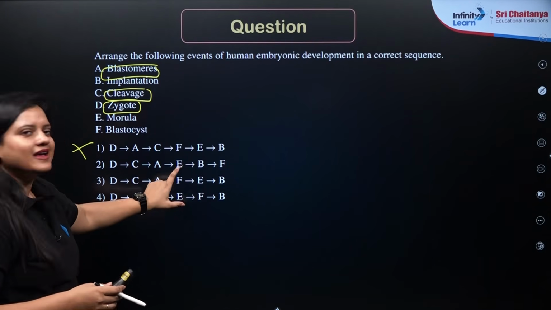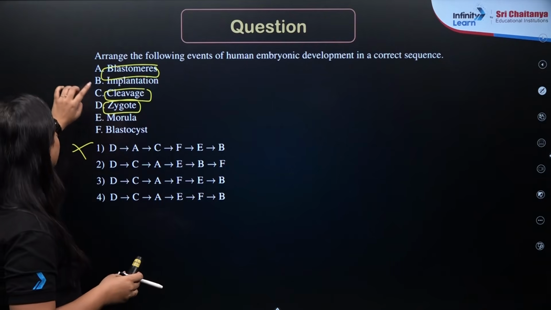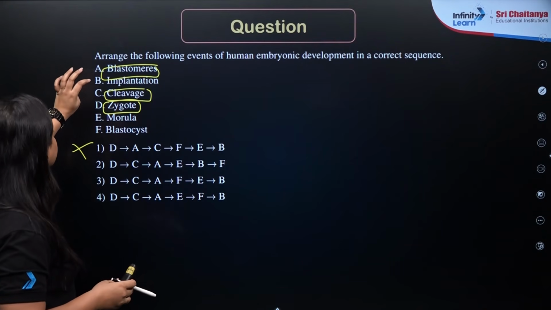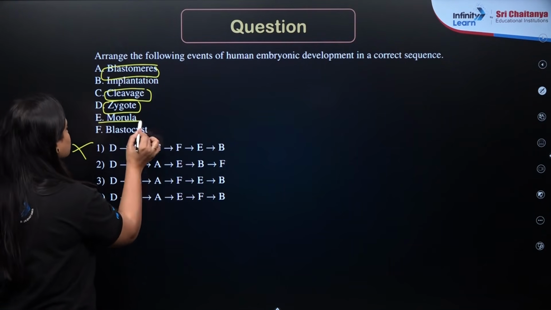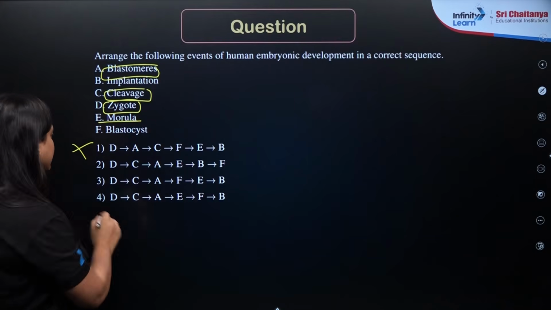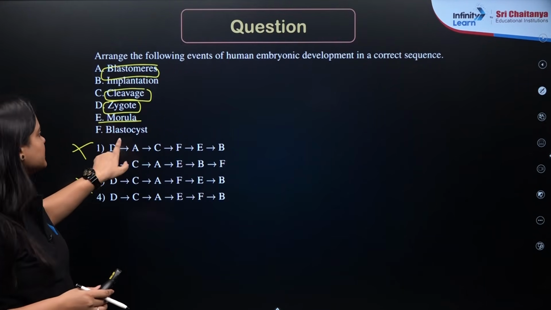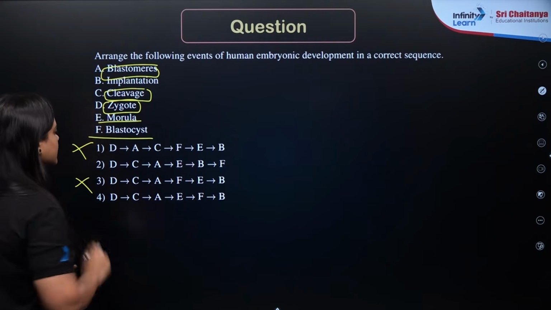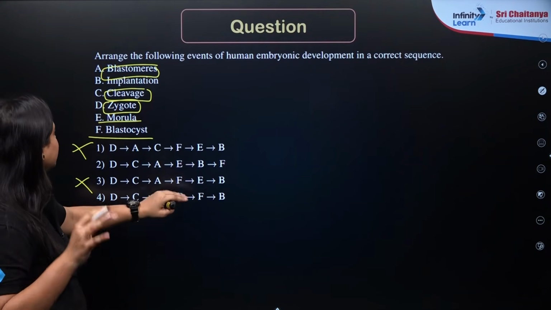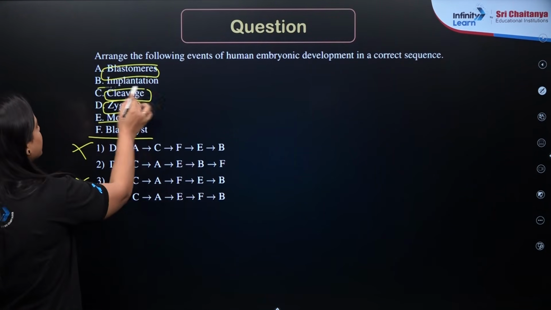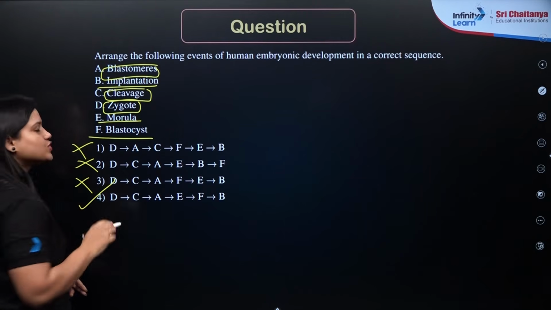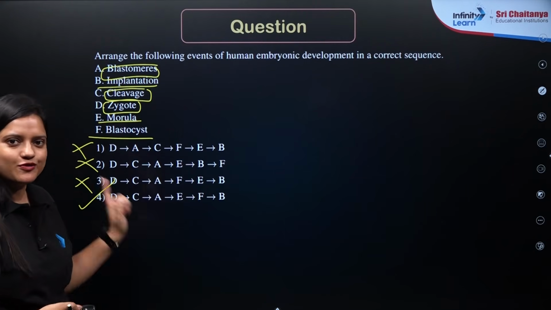Then you can see E or F. So after blastomere, there will be formation of morula. So it should be E and not F, right? And after morula, there is blastocyst. That means after E, there should be F, and then only there will be implantation, that means B, right? So correct answer, that's why here will be 4.